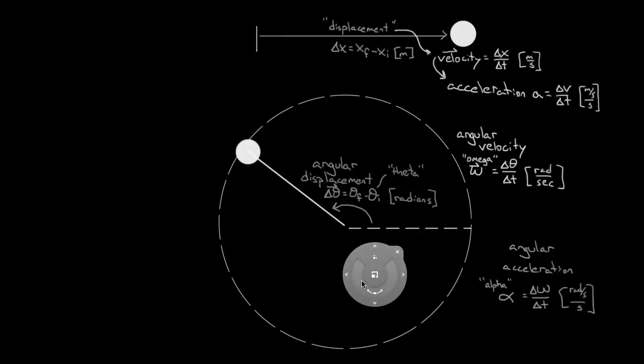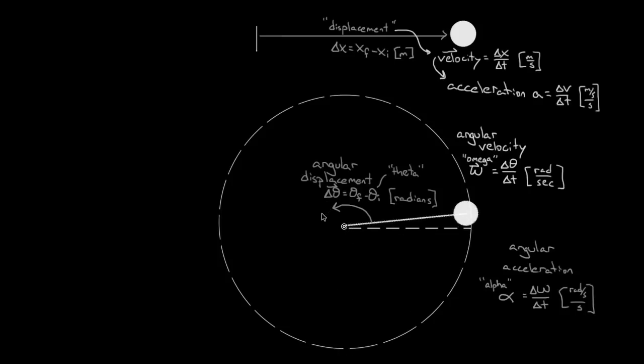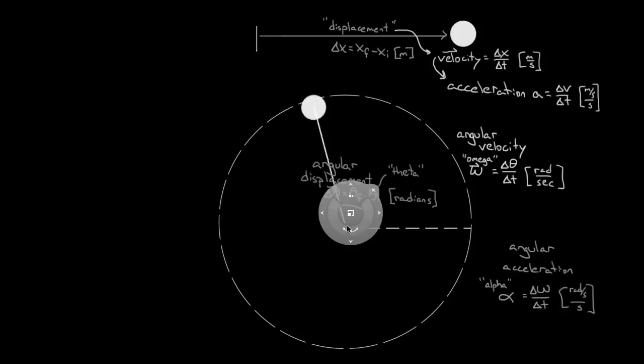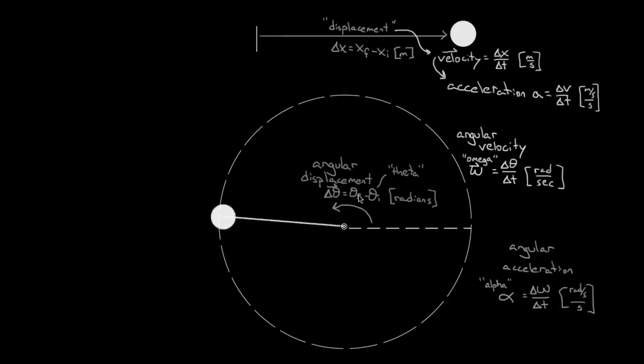Well, if we've got this ball rotating in a circle, if it's rotating at a constant rate, there's no angular acceleration, since the omega, the angular velocity, wouldn't be changing. In other words, if it's rotating at a constant rate, there's no change in the angular velocity, and that means there's no angular acceleration. But conversely, if it starts off moving slowly and it speeds up, its angular velocity's increasing, then there is an angular acceleration because there's a change in the angular velocity of this ball.